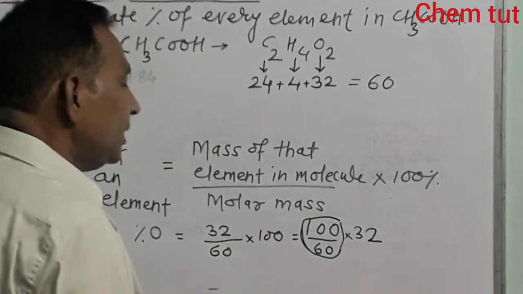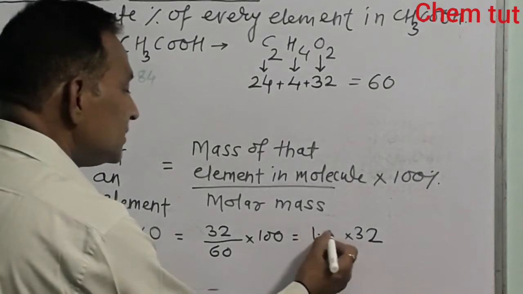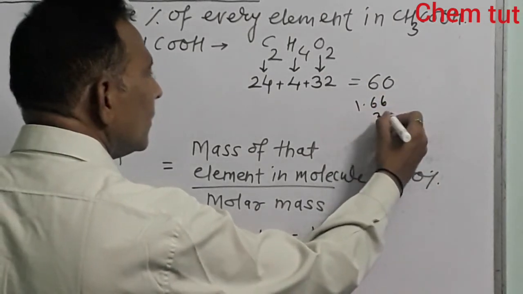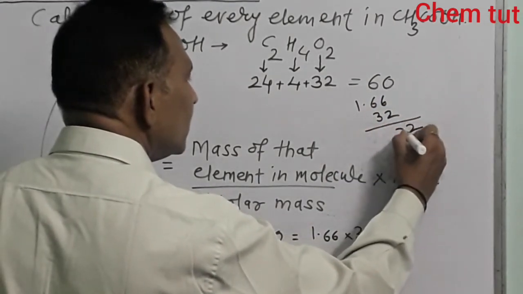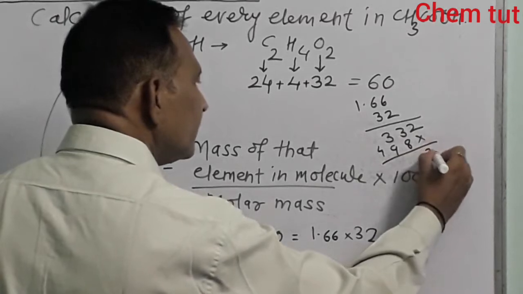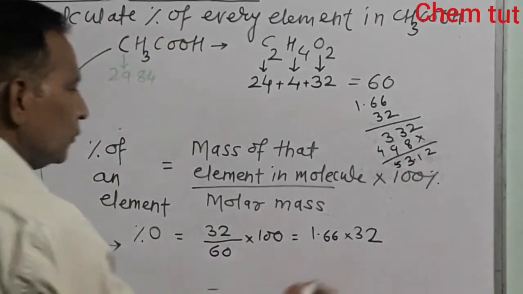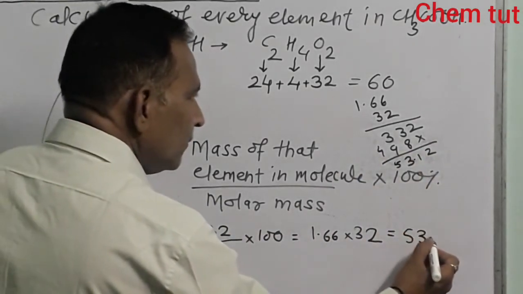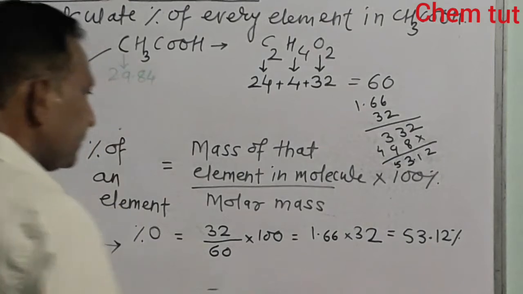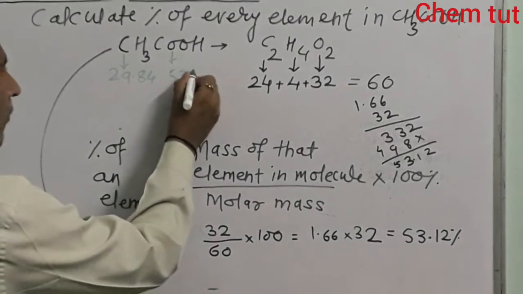So this common factor will be 1.66, and this 1.66 multiplied by 32 is 53.12%. So the percentage of oxygen is 53.12%.